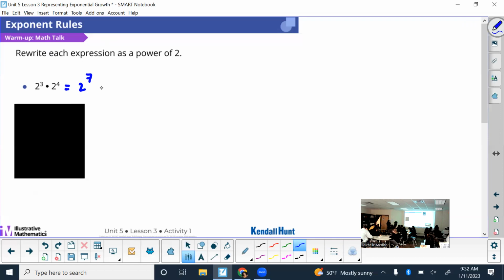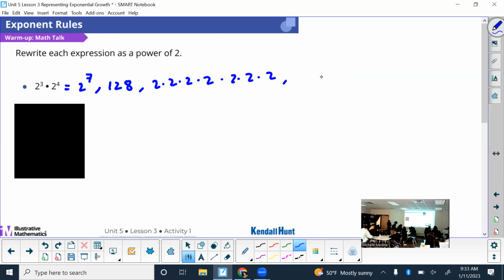Landon? Oh, okay, sure. That isn't writing it as a power of 2, but I'll accept it. That still wouldn't be a power of 2, but I'll write it down because that's also a good observation. 4, 5, 6, 7. Anyone else have it written as a power of 2, but maybe slightly different?